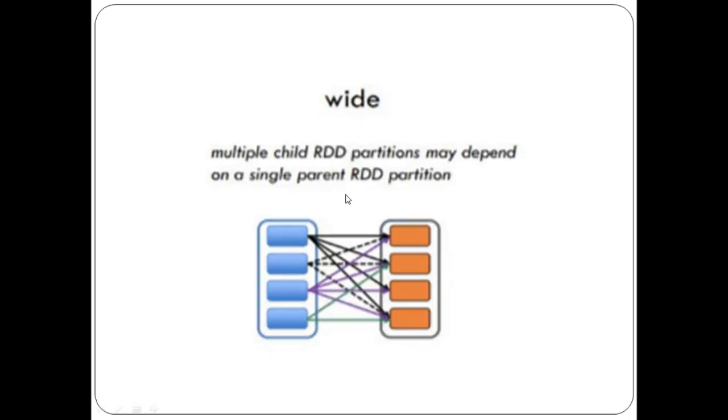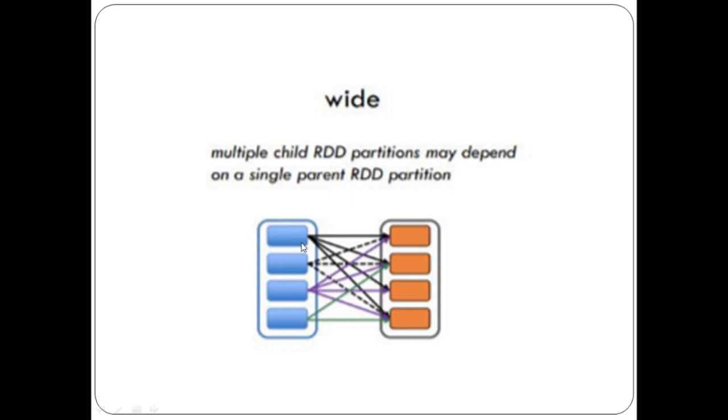This is a wide transformation. In a wide transformation, a partition of the child RDD may depend on multiple parent RDD partitions. For example, this blue first partition's data is going to partition 1, partition 2, partition 3, partition 4.